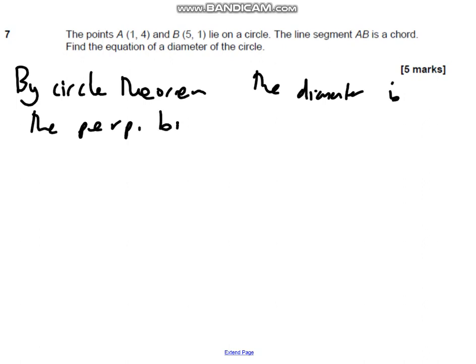I'm just going to write "perp bi". It might sound a bit controversial, but it's a lot shorter than perpendicular bisector of the chord.